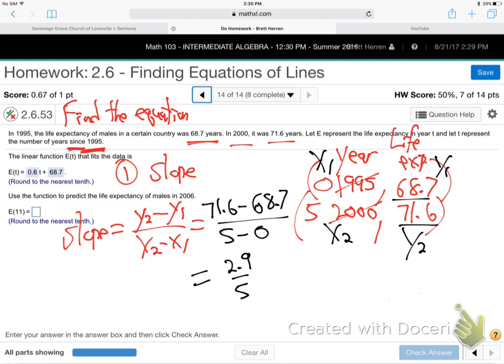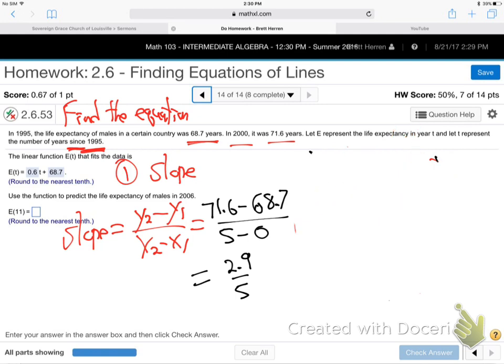So now I'm kind of out of room. Here, let me erase this and put it up there further. So it was 0, 68.7, and 5, 71.6. So now I've got my slope. You know where to go from here.